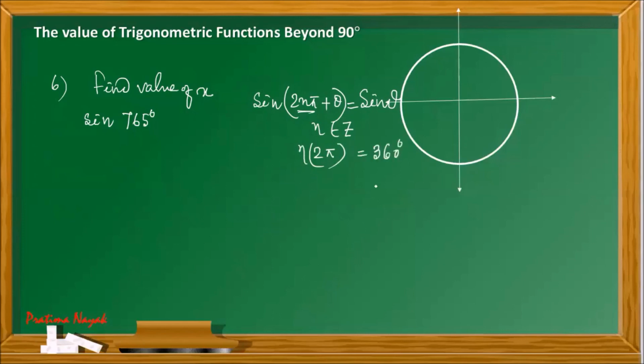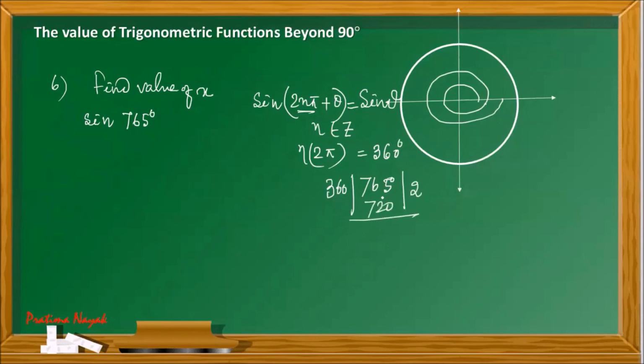So what we'll do, we'll divide 765 by 360 degree. How many rotations is it completing? 360 will complete 1 rotation, again 360, it will complete 2 rotations. So this will be 720. How much is the remainder? 45. So I'll write sine 765 is equal to sine 720 plus 45 degree.